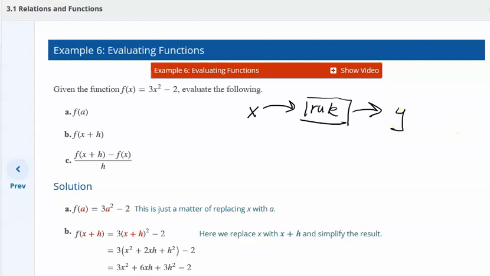So keeping that in mind, let's do this first one here. Here, we're going to substitute an a where the x is. So this is pretty straightforward, and we'll use the book here. So we're just going to replace the x with an a, so it becomes 3a squared minus 2.